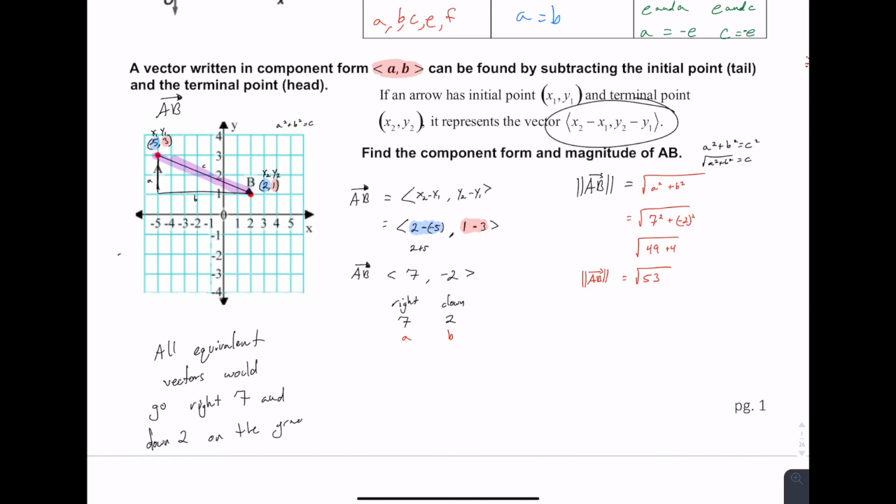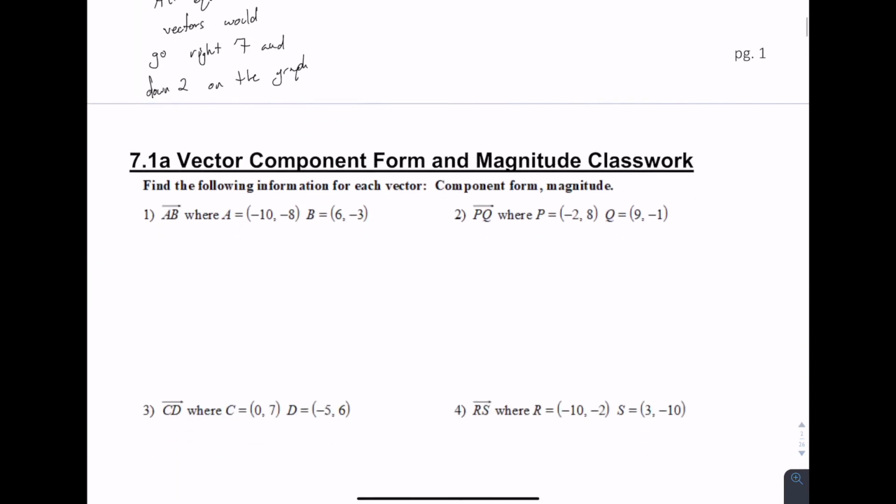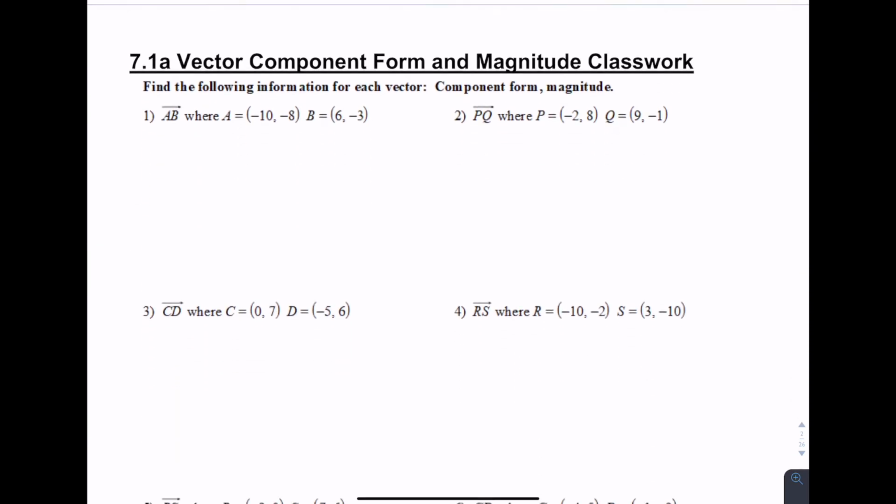That's something that you need to know. So if I found an equivalent vector that, say, from here to here, well, that would go down 2 over 7. And so that vector would look exactly the same. It'd be equivalent, okay? All right, so let's try an example on the next page.